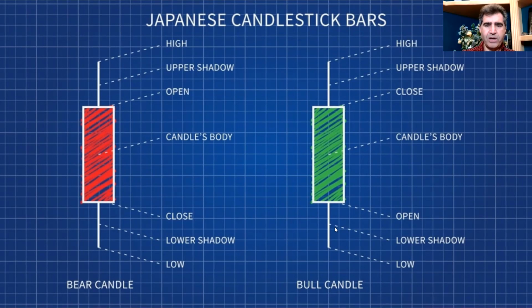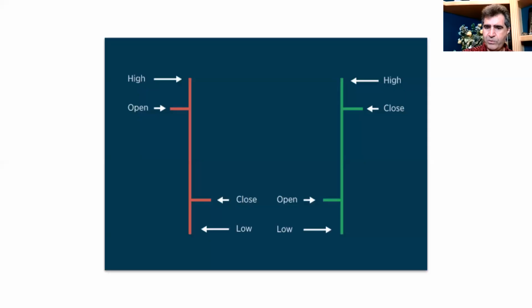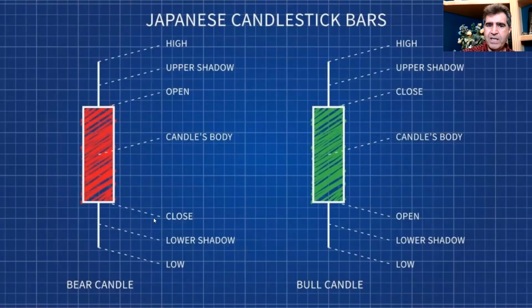Believe it or not, visually I'm more comfortable looking at candlesticks rather than bars. When the candle is red, it means the opening was higher than the closing, or the closing finished lower than the opening. This is just a little introduction to how candlesticks work visually.